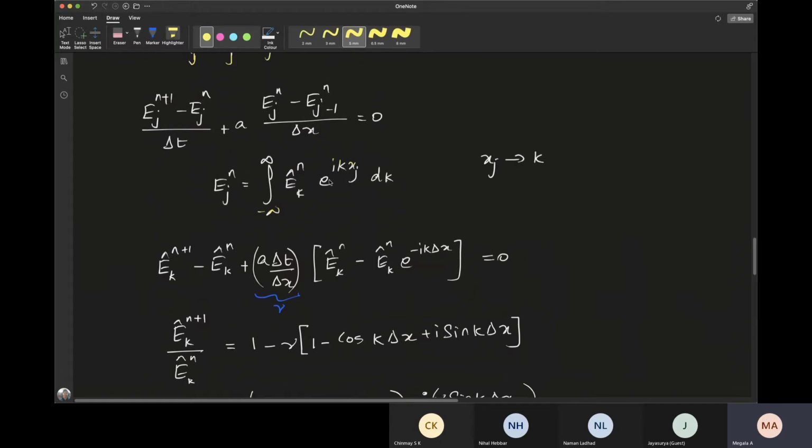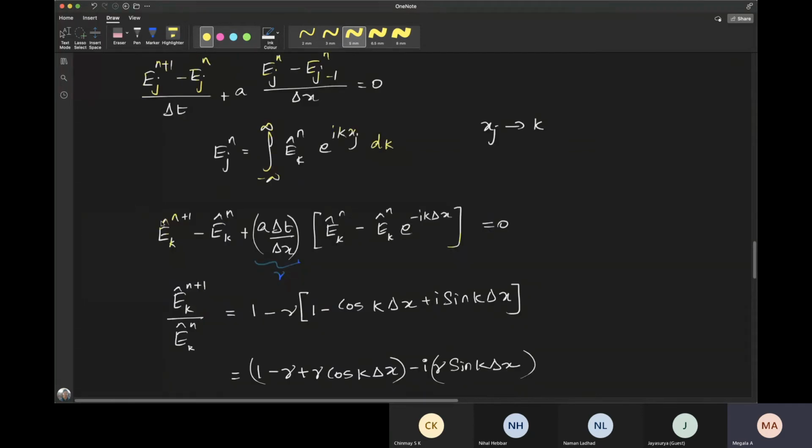Now let me replace all of these quantities by this Fourier transform, and since the variable of integration is just dk, we'll be able to take all the terms together and make this equal to 0. We have seen this argument yesterday.